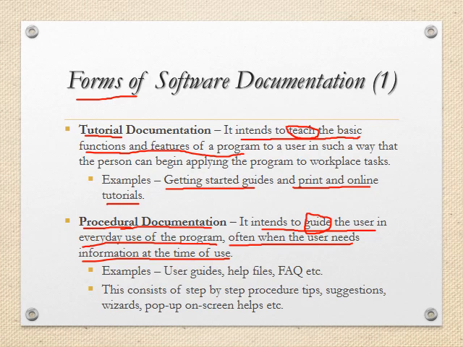Examples of procedural documentation are user guides, help files, frequently asked questions, etc. This consists of step-by-step procedures, tips, suggestions, wizards, pop-ups, and screen helps. These are the elements or components of any procedural document.